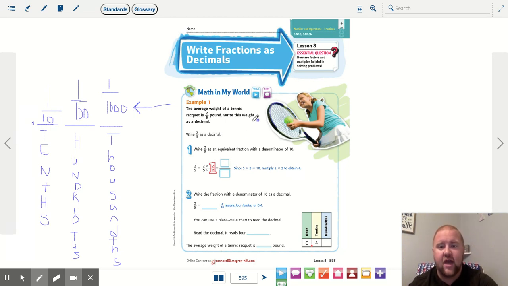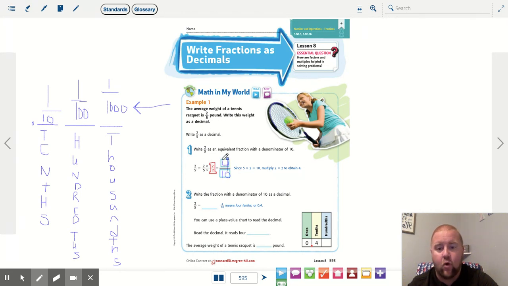It says the average weight of a tennis racket is 2/5 pound. Write this as a decimal. So we have 2/5. We want to create an equivalent fraction with either 10, 100, or 1,000 as the denominator. For a 5, we know we can get from 5 to 10 for our denominator if we multiply by 2. So 5 times 2 is 10. And whatever you do to the denominator, you have to do to the numerator. So 2 times 2 is 4.